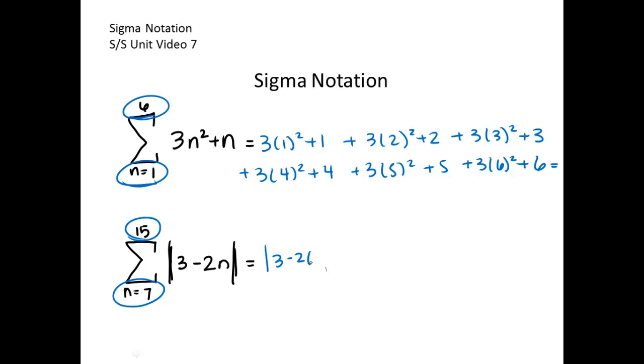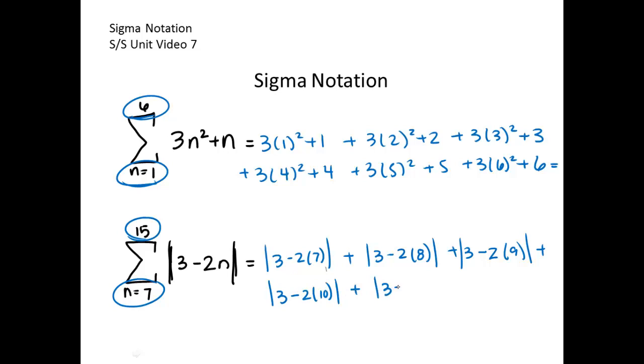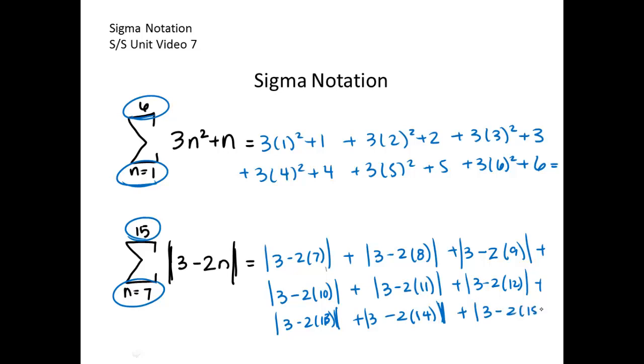So the absolute value of 3 minus 2 times 7 plus the absolute value of 3 minus 2 times 8 plus the absolute value of 3 minus 2 times 9 plus absolute value of 3 minus 2 times 10 plus absolute value of 3 minus 2 times 11 plus absolute value of 3 minus 2 times 12 plus the absolute value of 3 minus 2 times 13, and so on, plus the absolute value of 3 minus 2 times 15.